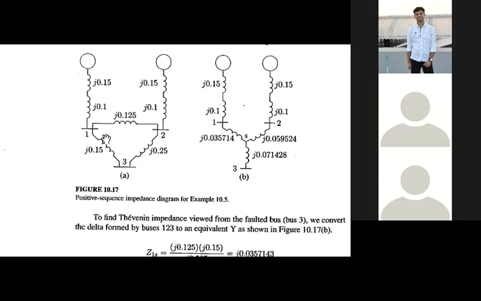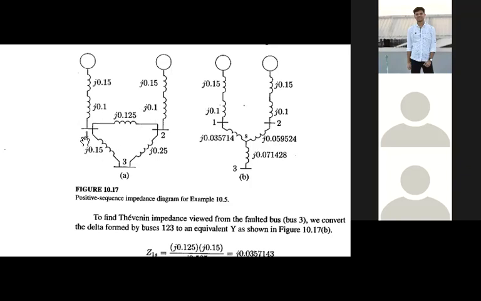That's why you have to shift the regular single line diagram to an equivalent Y network from delta-Y conversion, to generate the equivalent impedance across bus 3, which is the fault bus, based on the Thevenin equivalent concept. That's why you have to switch to that right diagram from the given single line diagram.